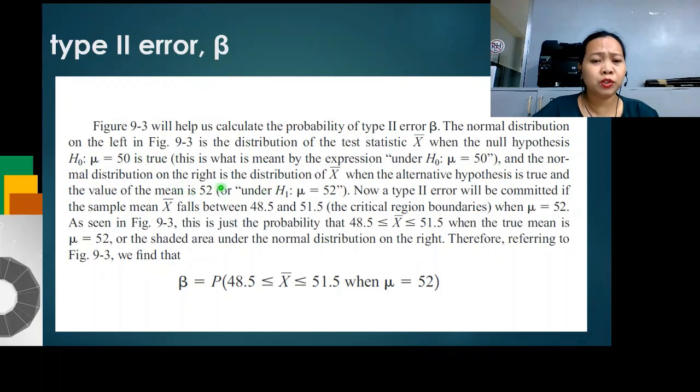And the normal distribution on the right is the distribution of x bar when the alternative hypothesis is true and the value of the mean is 52. So beta, or the type 2 error, will occur when the probability is 48.5 is less than or equal to x bar, the sample mean, which is less than 51.5, when the true value of mu is 52.